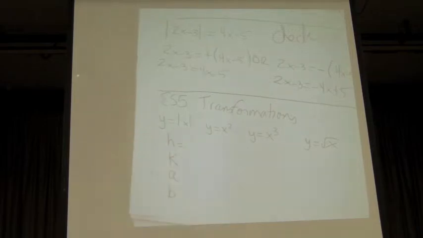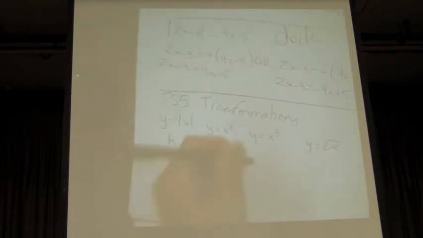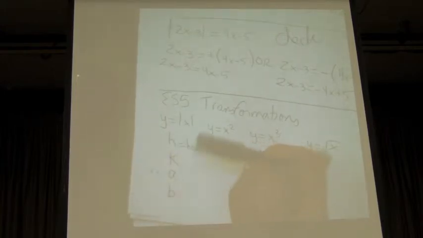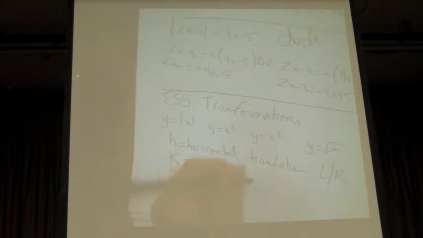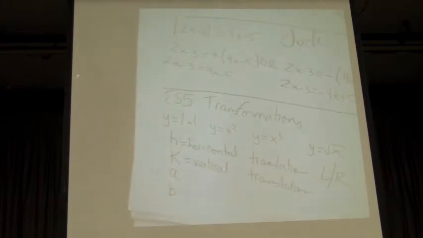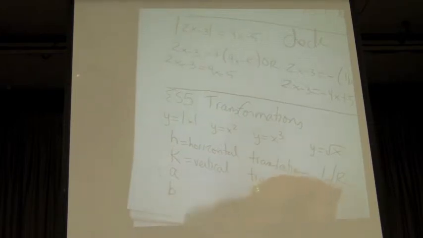Your h is always your horizontal translation, and since it's horizontal, it goes either left or right. Your k is always a vertical translation, and since it's vertical, it goes either up or down.